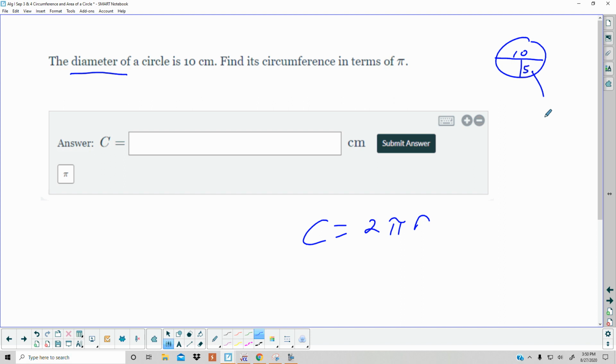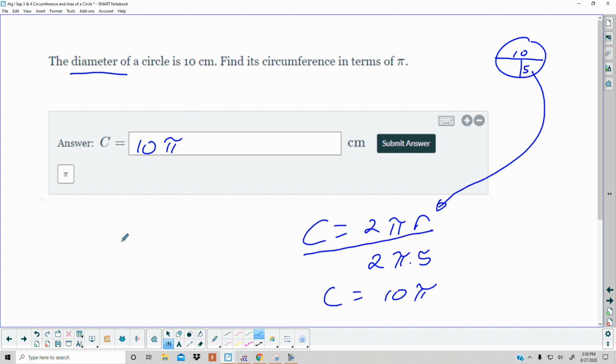You could fill the 5 in for r and get 2 pi times 5, and get again circumference is 10 pi. Again, they want you to just leave it as pi. So you type 10, hit the pi button, and the pi will appear. Submit your answer.